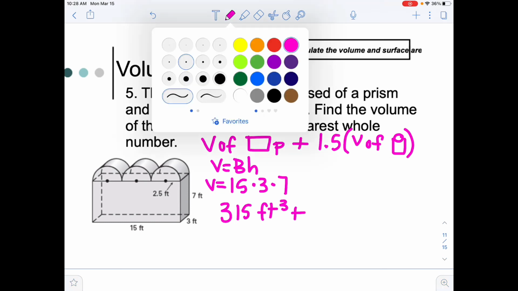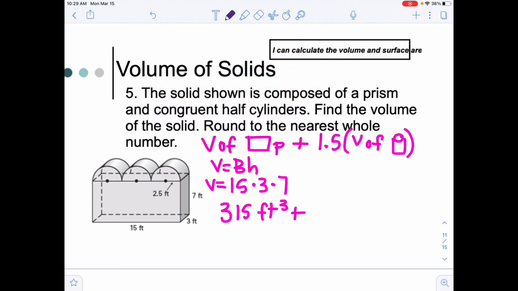And then I'm going to add that to 1.5 times the volume of my cylinder. So volume of a cylinder is area of the base times height, which we know area of a base is pi r squared. So 3.14 r squared times the height.